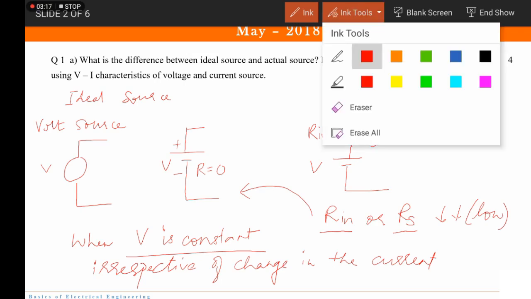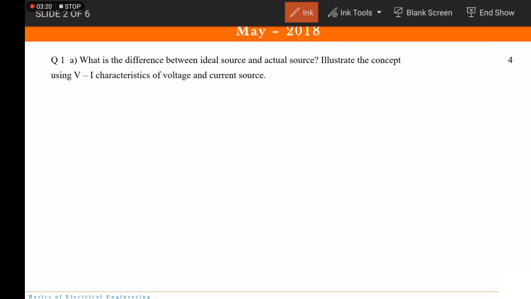Now, if you want to explain this with respect to a current source, then the current source will be exactly opposite. A current source is represented by, suppose, this, and an ideal current source has internal resistance equal to infinity.